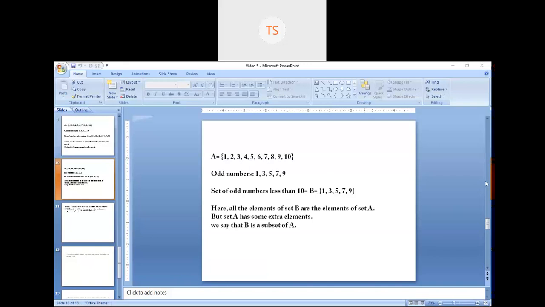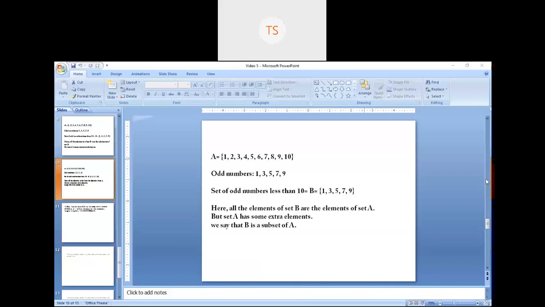What are the elements of the set of even numbers less than 10? 2, 4, 6 and 8. Now these 2, 4, 6 and 8 make the set capital C.